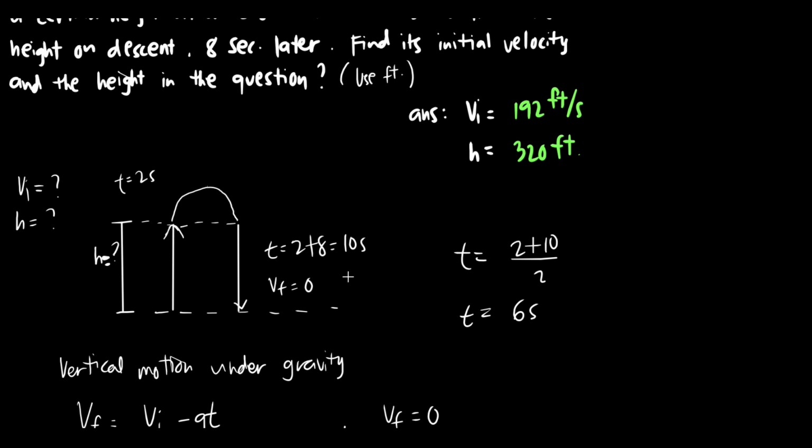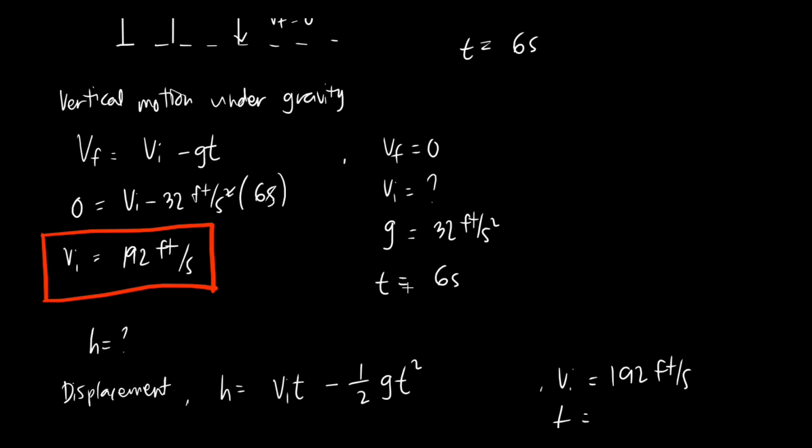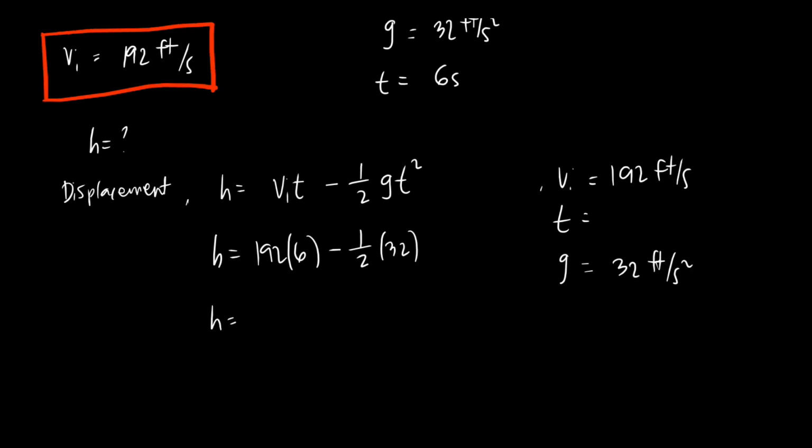So the total time covered is 2 plus 8, which is equal to 10 seconds. So time is equal to 10 seconds. That is one mistake. So 10 squared.